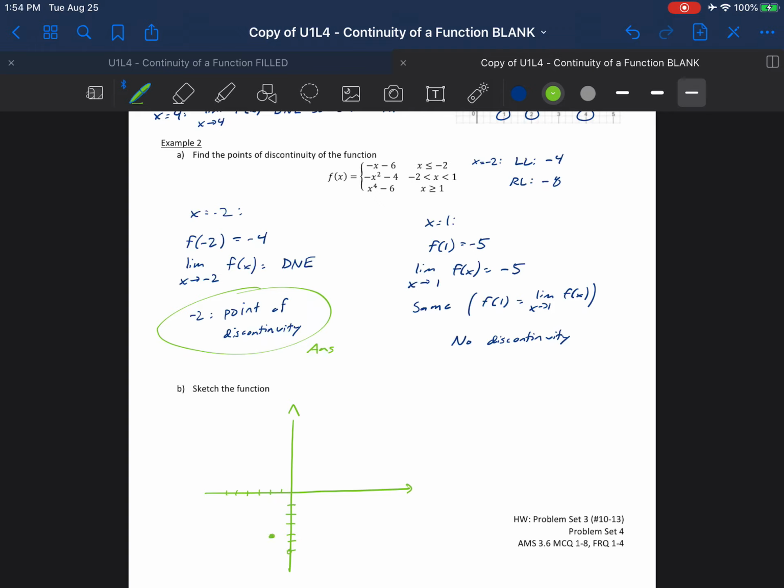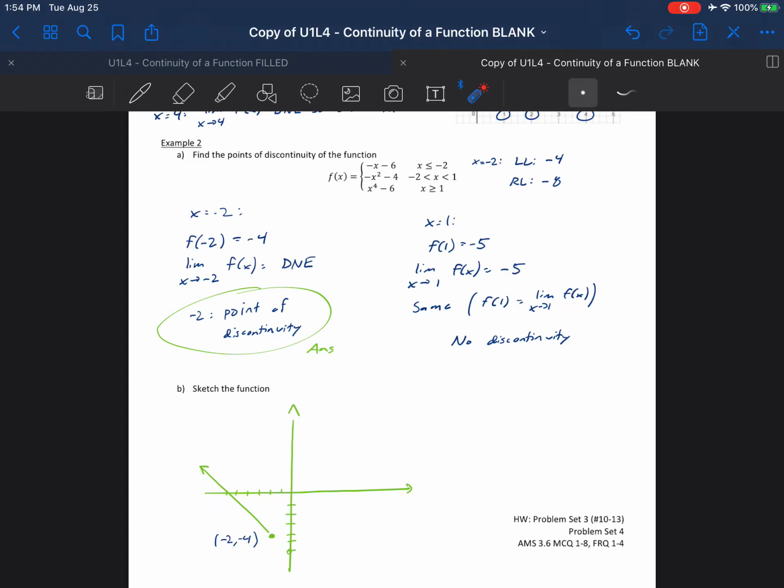Okay, and that's a filled in circle. So drawing this, that's not too bad. First, our top part of the function looks like that. All right, and let me go to blue. So this is the point -2, -4. All right, for the second part of the function, this is equal to a parabola, right? With vertex at -4 and opening downward.